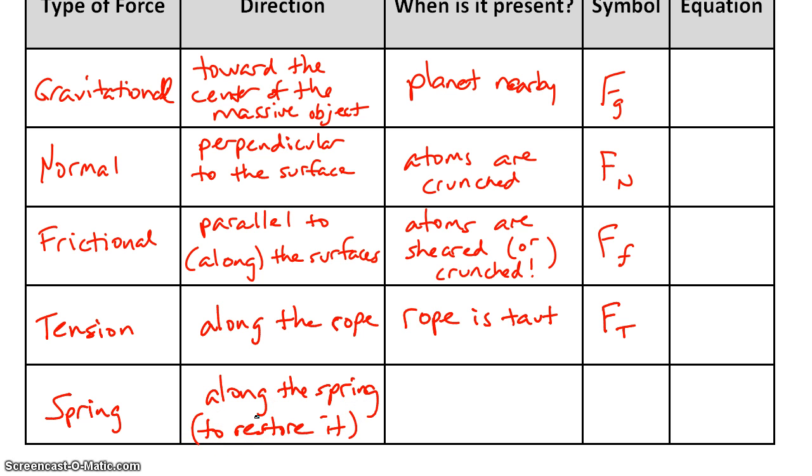So that's something that's interesting to think about. It's present whenever the spring is stretched or compressed. And the symbol that we'll use for force of the spring is F with a capital S for the subscript.